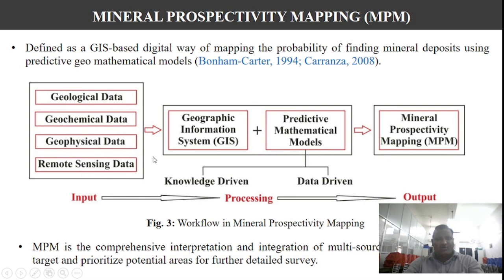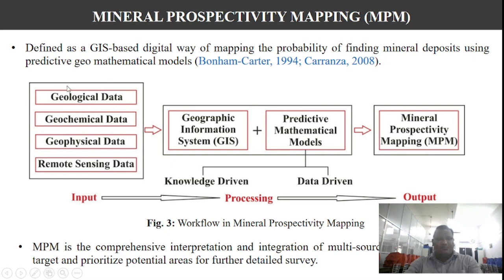For compilation, we need a platform. The GIS, or Geographic Information System, provides this platform, and with the help of predictive mathematical models, we can produce a mineral prospectivity map, which shows the potential areas where exploration efforts have to be intensified to find new mineral deposits.